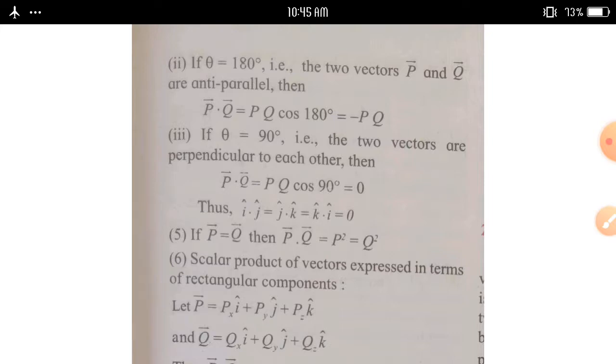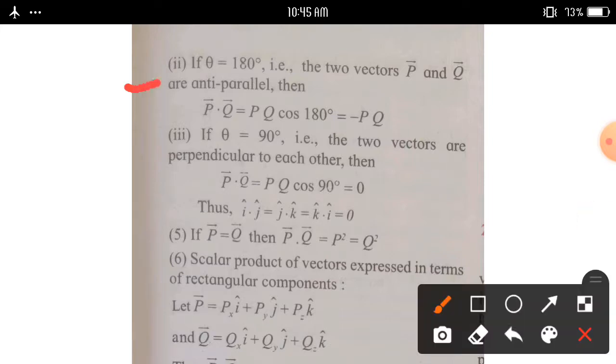Second case, if theta is equal to 180, that is, two vectors p bar and q bar are antiparallel. Suppose we consider the first vector here and the second vector here.